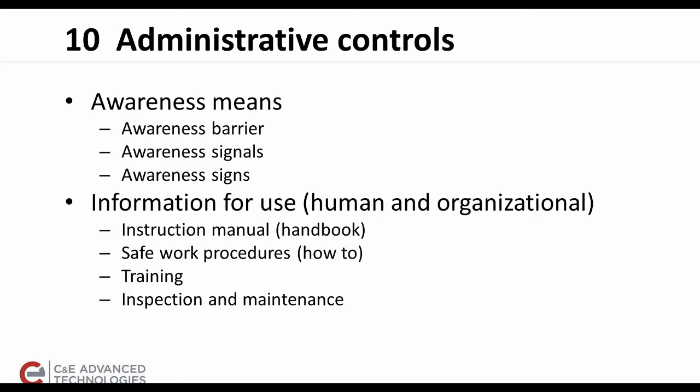As a last item, we have the information for use, the instruction manual, handbook on how the system should be used, its intended use, and so on. Safe work procedures on how to do the work safely, and then training and inspection and maintenance are in the list as well.